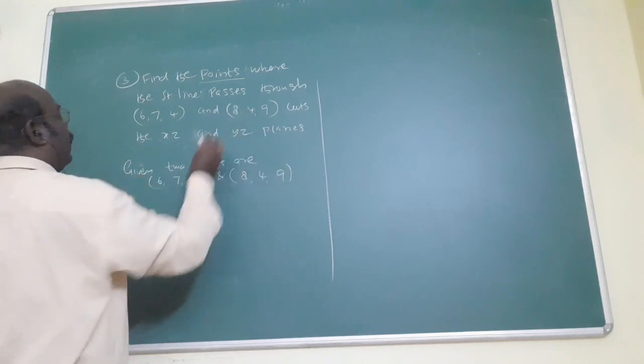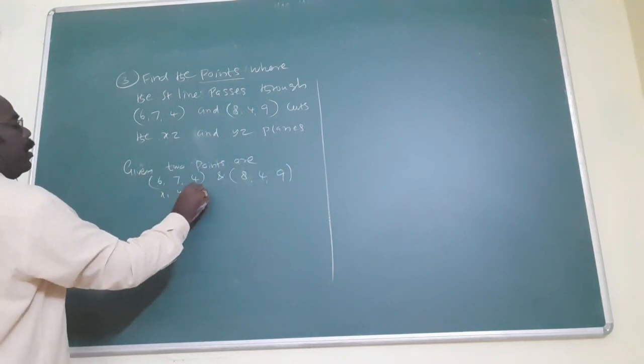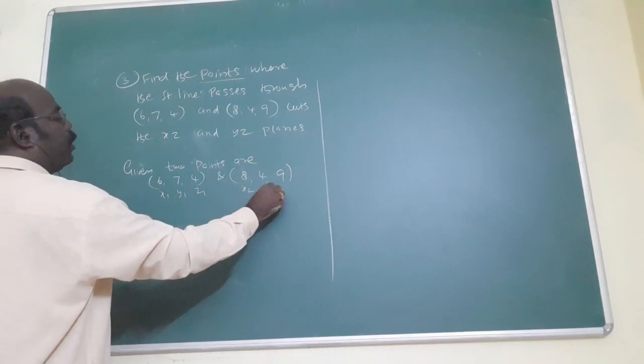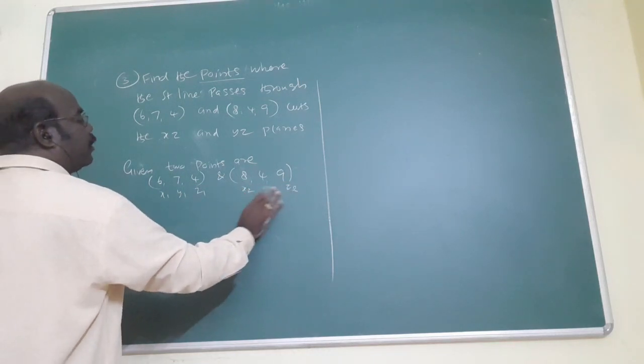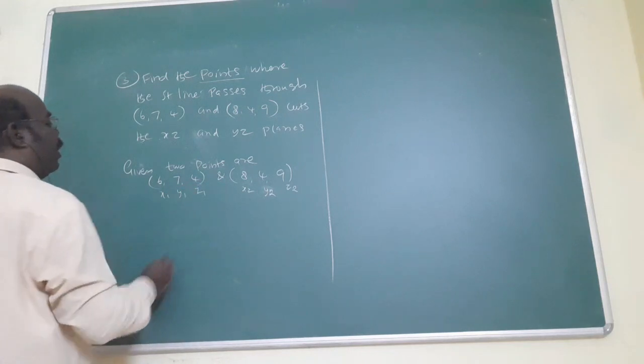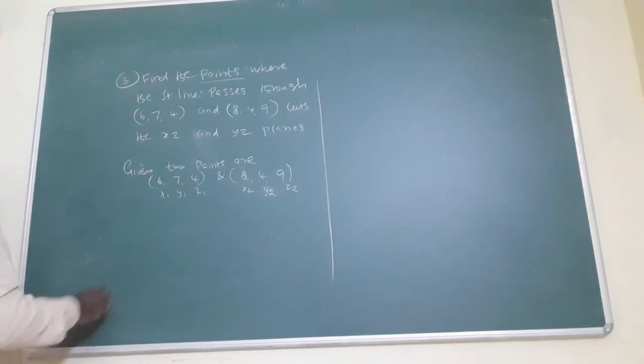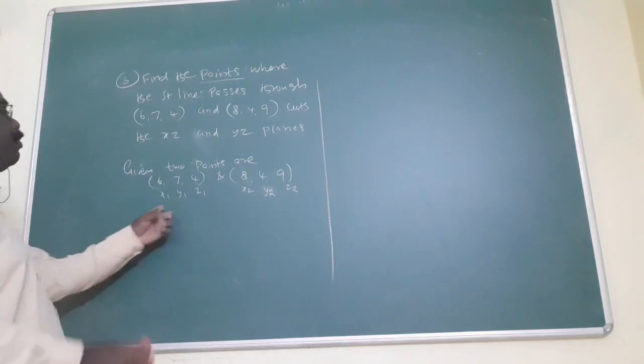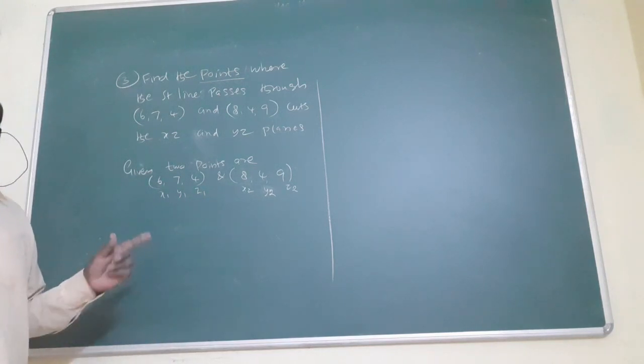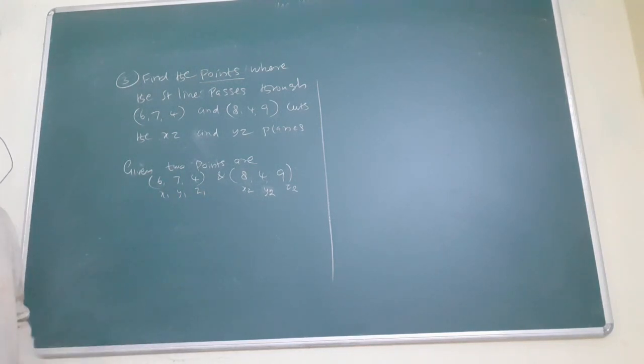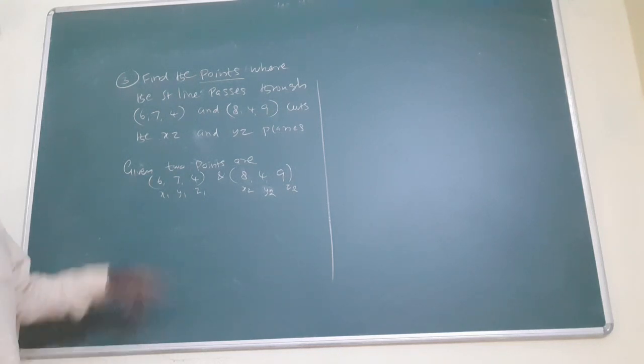Let it be x1, y1, z1 and x2, y2, z2. Now, 2 points are given. Here we have the non-parametric vector equation, parametric vector equation, and Cartesian equation. But what is asked?